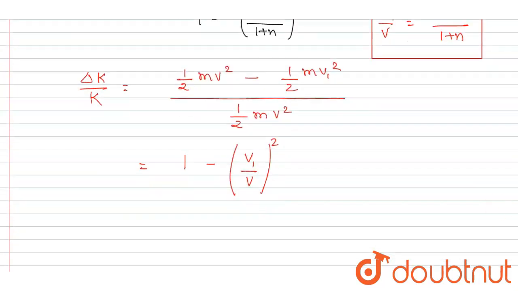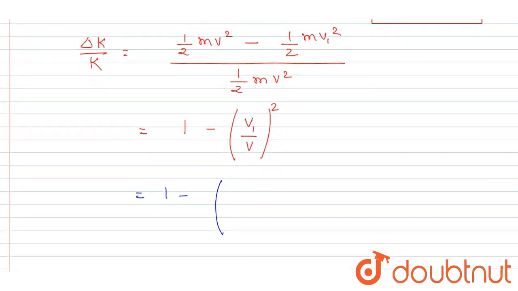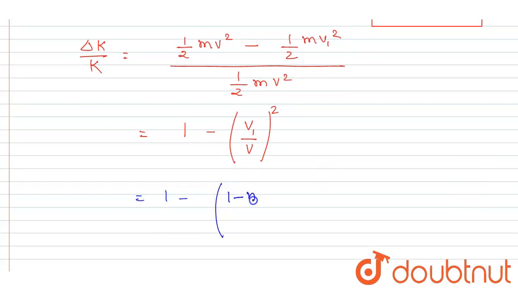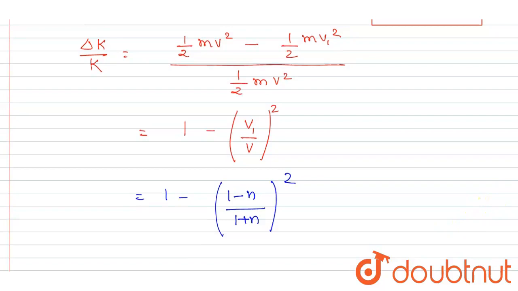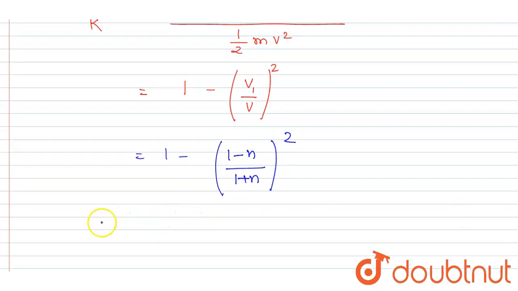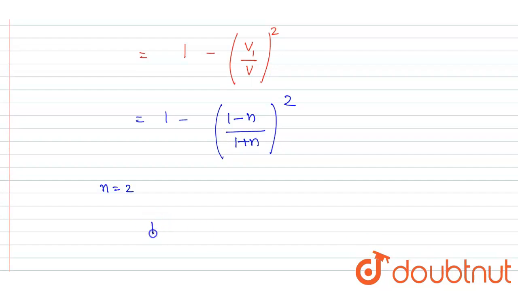So put the value here. I will write 1 minus ((1 minus n) upon (1 plus n)) whole square, right? Now you can put the value to get the fractional loss. For deuteron, I will put the value of n equal to 2. So it will be 1 minus ((1 minus 2) upon (1 plus 2)) whole square.